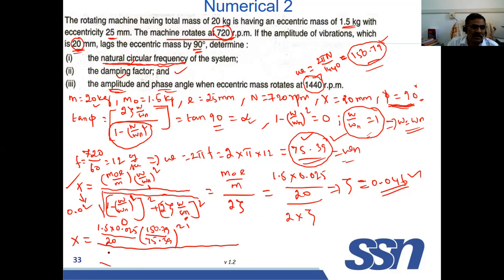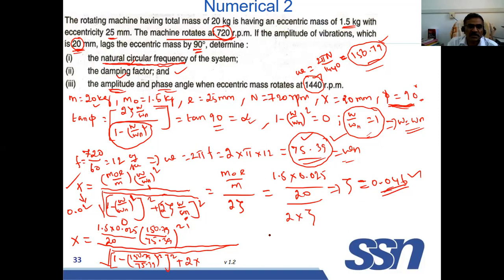Divided by root of 1 minus omega by omega n, that is 150.79 divided by 75.39, the whole square, again square, plus 2 into psi.